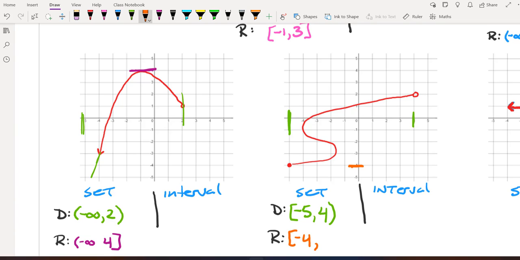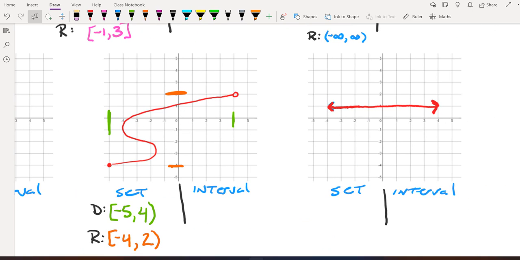You can go all the way up to 2. Now, does 2 get a square or a round bracket? We're referring to the highest point, which is this point here. That is a hollow point, so it's round.